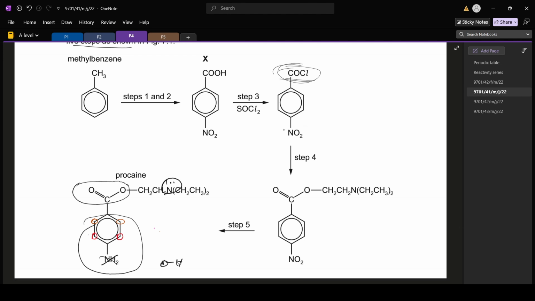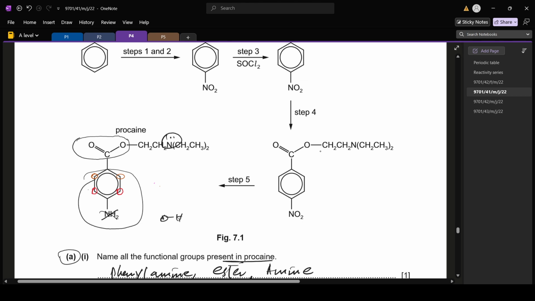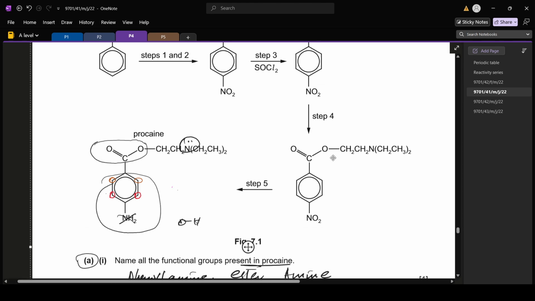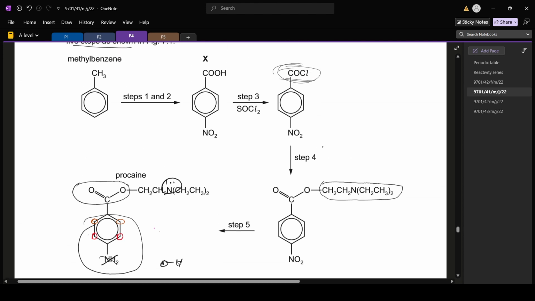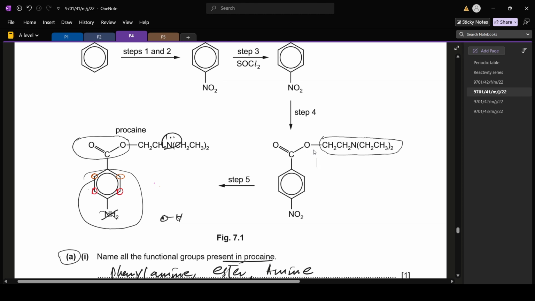In step 4, this benzoyl chloride group is forming an ester, and you have this group attached. What is the reagent? This is the reagent which is reacting with benzoyl chloride to form the ester, so this must be an alcohol group.